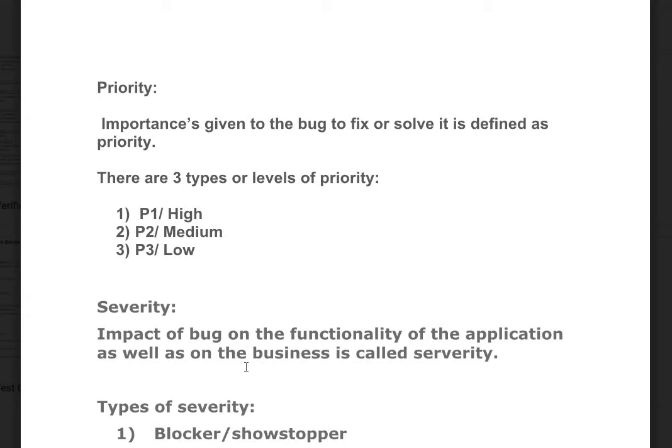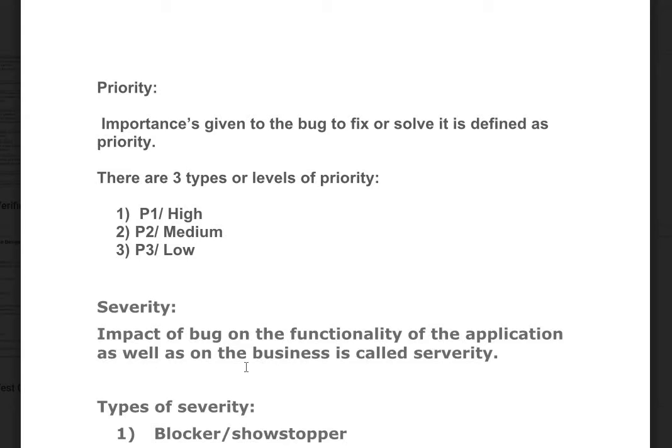Okay, so suppose when you create a bug and you raise it with a priority level of high, in that case this particular issue needs to be fixed as soon as possible, because it is of high priority. So the developer will give importance to this particular bug compared to another bug which has a priority set as low.